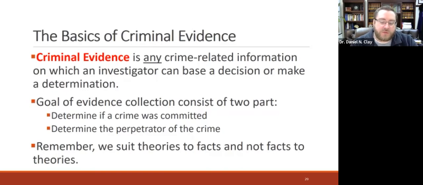Remember, this is kind of an overused phrase, but we suit theories to facts and not facts to theories. When we get evidence, we process it, analyze it, and use the tools available to us to come up with some kind of grand theory of what happened. Now, this theory has to be flexible and subject to change.